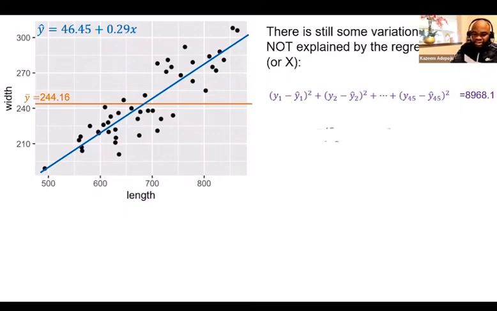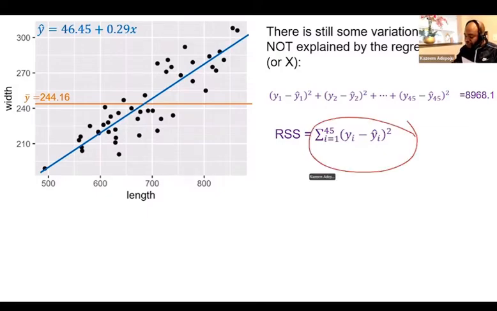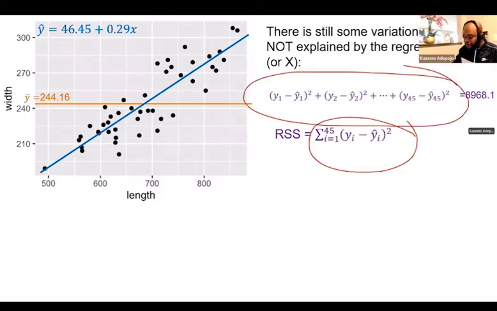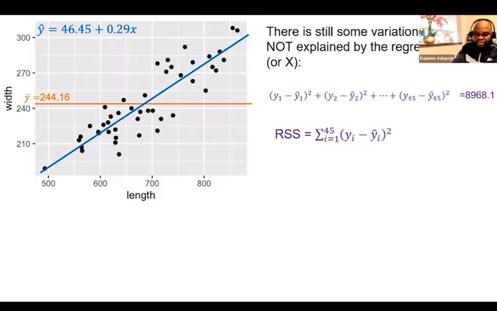Now, what have we just done? Mathematically speaking, this is the formula. If you want to write this in short form, the RSS is the residual sum of squares that I called the unexplained variation. The topic today is decomposing the total variation into various components. This is the formula for the total variation.